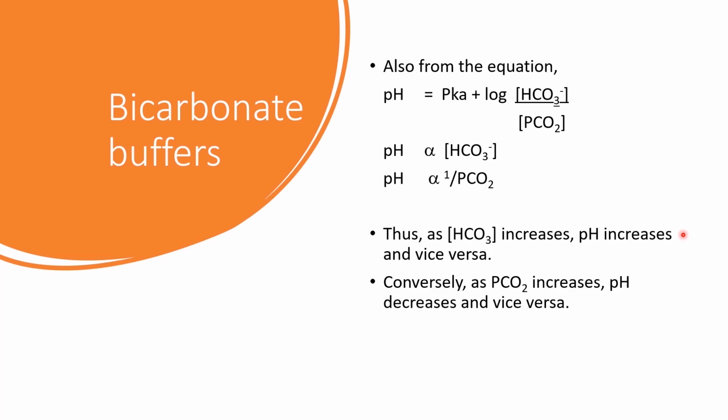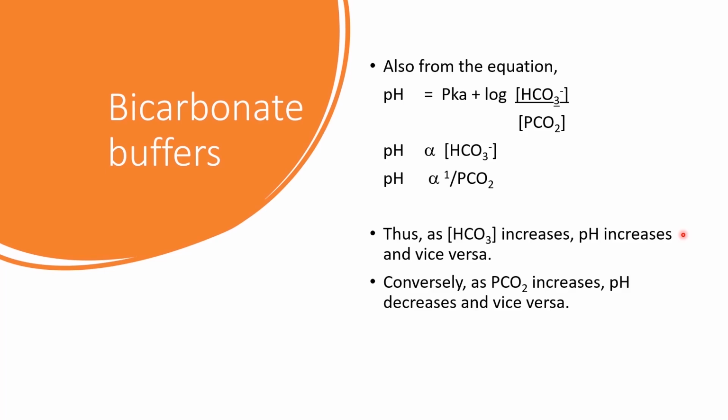So this shows that the pH has a direct relationship with the amount of bicarbonate in the system, meaning that the higher the amount of bicarbonate in the blood, the higher the pH of the body. That will tend to lead to alkalinity. And then the reverse happens for the partial pressure of carbon dioxide, which is the weak acid component of the bicarbonate buffer system.